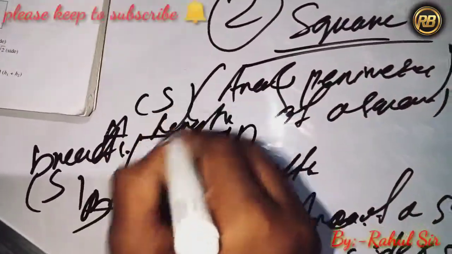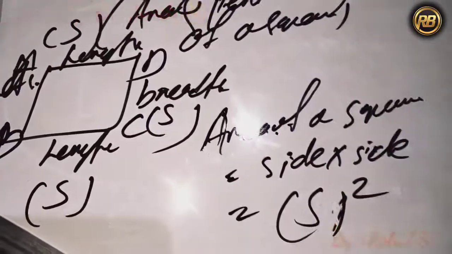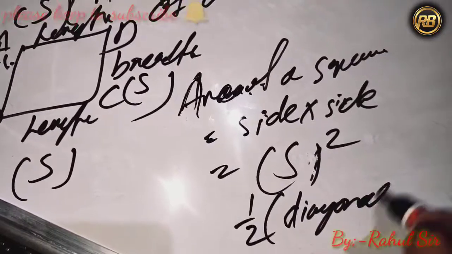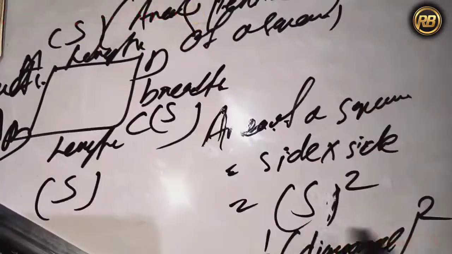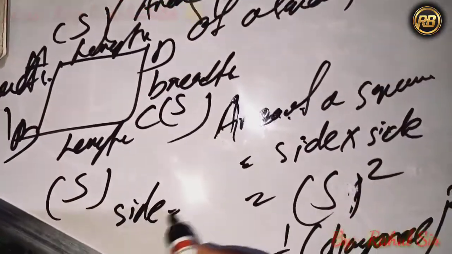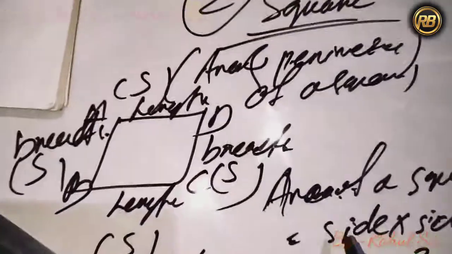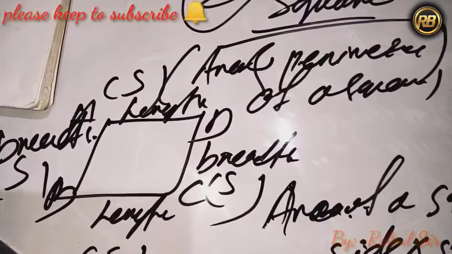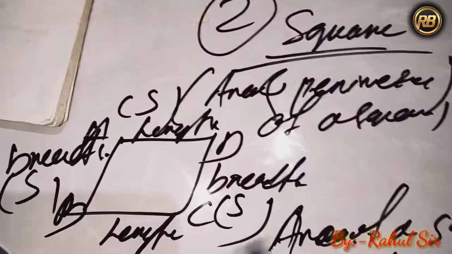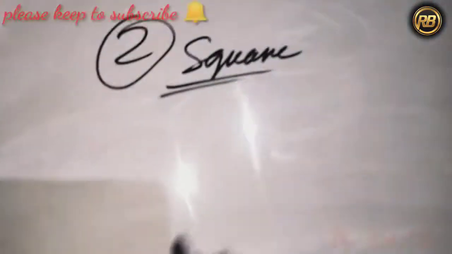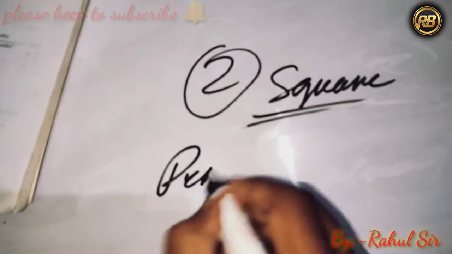There are 4 sides, each S. The area of a square is also equal to half of the diagonal squared, and the side is equal to the square root of the area. Whenever the square is covered by 4 equal sides, the area is the space included in it.